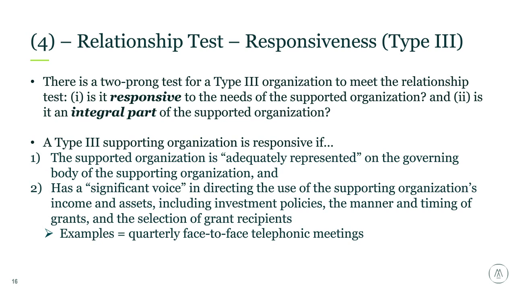And they've established that adequately represented would be satisfied if the supported organization can appoint at least one officer, director, or trustee of the supporting organization, or if at least one member of the governing body of the supported organization also serves as an officer, director, or trustee of the supporting organization, so there's just that overlap of one individual, or the officers, directors, or trustees of the supporting organization and of the supported organization maintain a close and continuous working relationship.